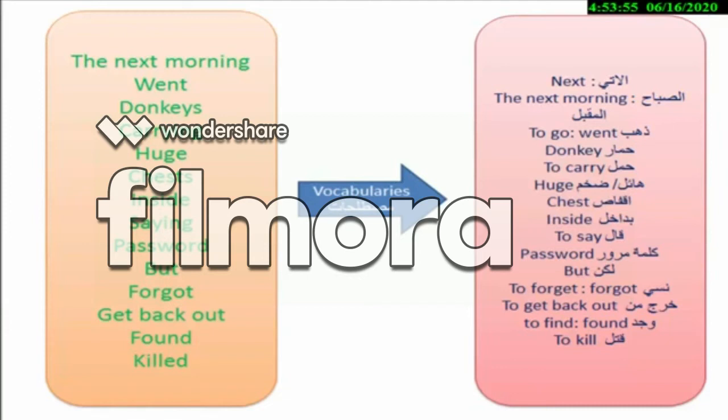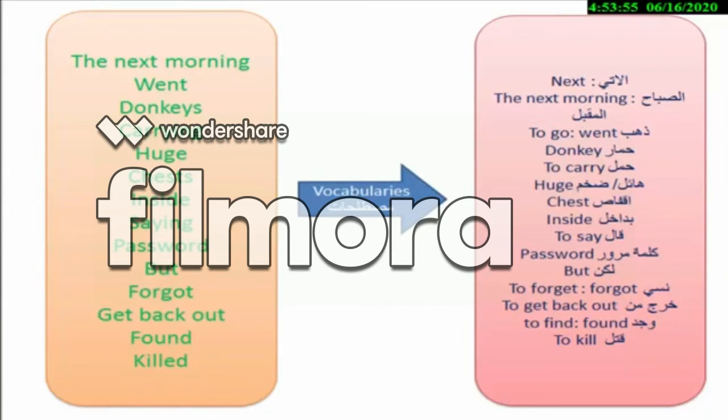Again, the next morning. Went. Donkeys carrying huge chests, inside, saying, password, but forgot. Here R is silent. Forgot. Get back out. Found. Killed.